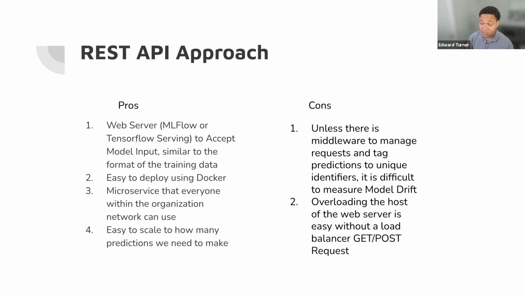You can build microservices that anyone within the organization can use, as long as you have, of course, access to that network. And as I mentioned, it's easy to scale because you can send batches of information or a single record of information to get a prediction. And then you can have your web server scale those requests so that you can make sure you can scale to the data size that you have, which is a normal problem within the whole data and AI realm.